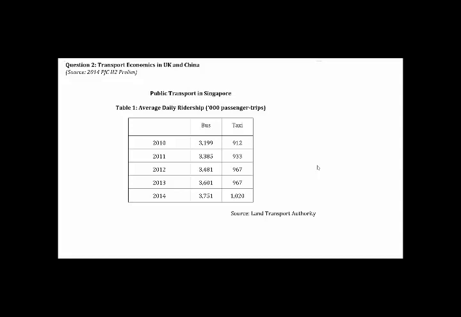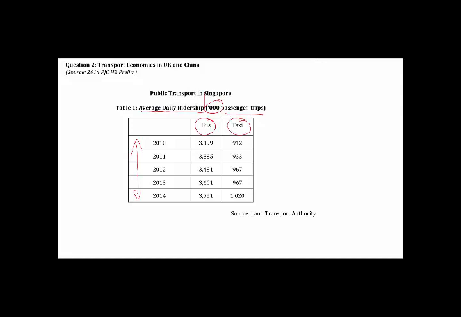All right, so let's look at our first data that we have, and that is table 1. So table 1, what we have here is average daily ridership in terms of 1,000 passenger trips. So you can see how across the years of 2010 to 2014, bus ridership and taxi ridership has actually changed.